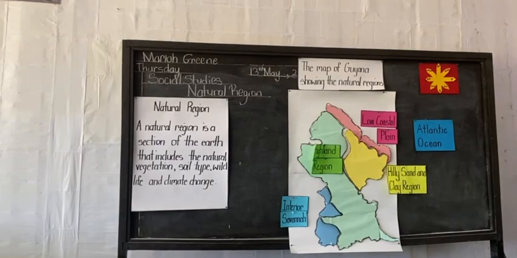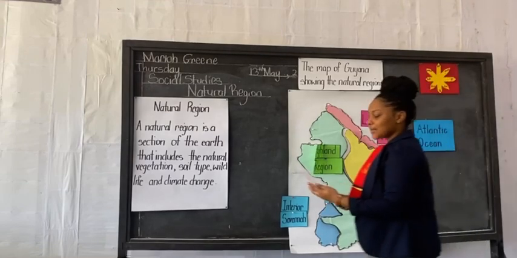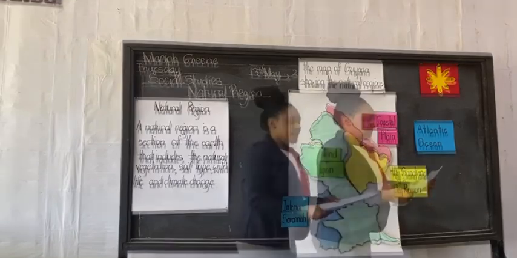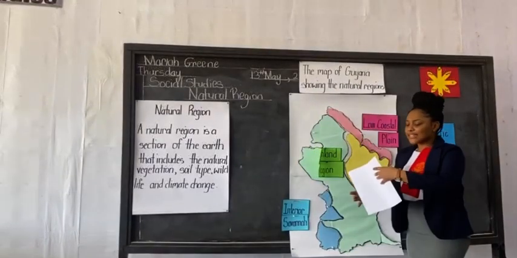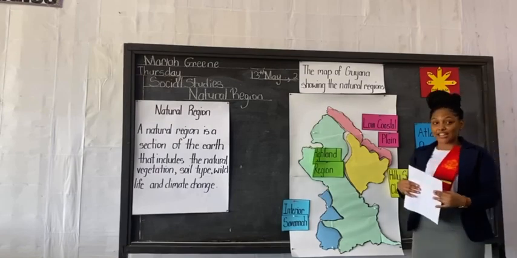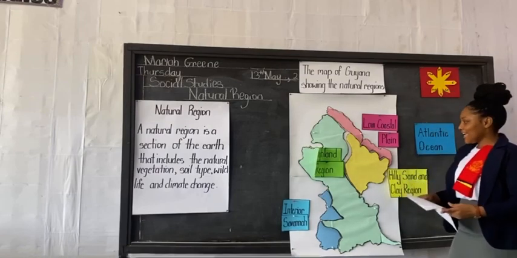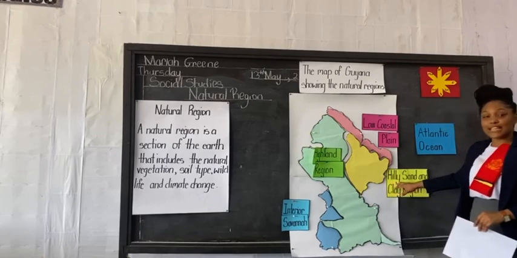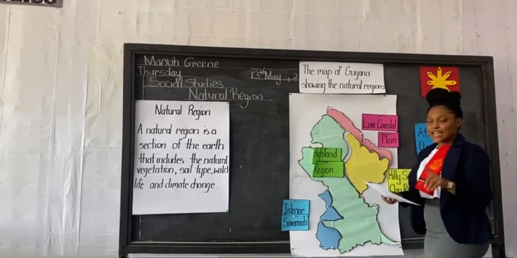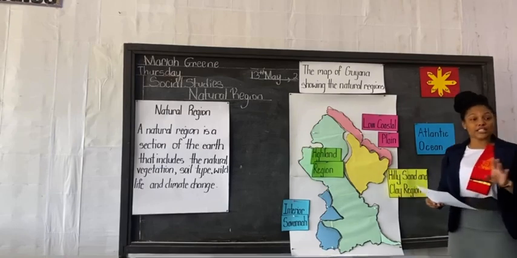Okay, Elijah is doing so. Just a reminder, group B had to match the natural region to their correct location. Looking at his paper, for the hilly sand and clay region, he said that it's located east of Guyana. Is that correct? The hilly sand and clay is located east. Correct, Elijah. For the highland region, he said it's located to the north, to the south of Guyana.